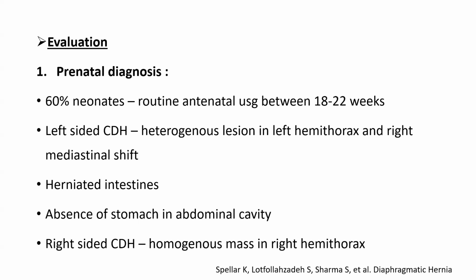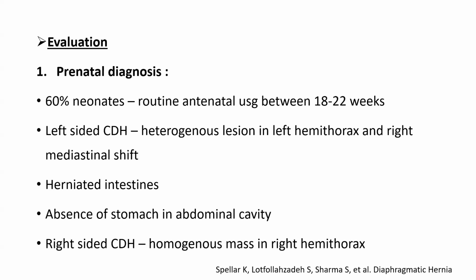The diagnostic measures and required evaluations for congenital diaphragmatic hernia are classified as prenatal and postnatal. In prenatal diagnosis, up to 60% of neonates with a congenital diaphragmatic hernia are detected by routine antenatal ultrasound screening during 18 to 22 weeks of gestation.